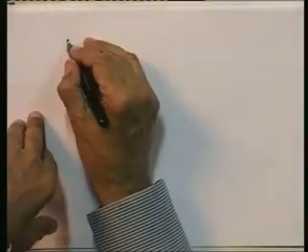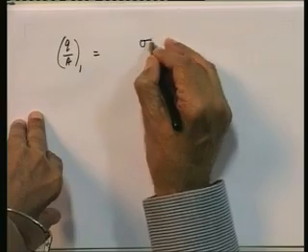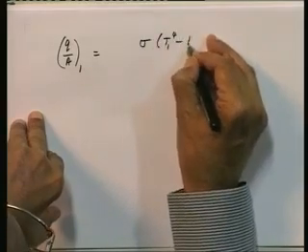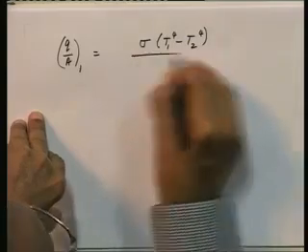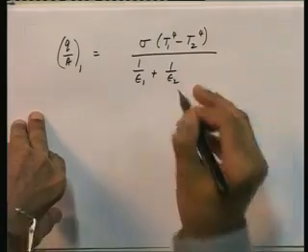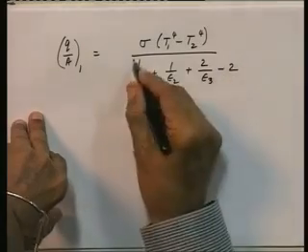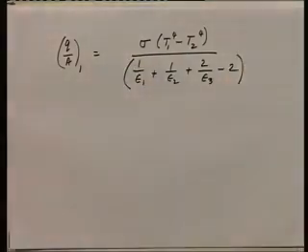Or finally, if you want an expression for q by a 1, q by a 1 is equal to sigma into T 1 to the power of 4 minus T 2 to the power of 4 divided by 1 by epsilon 1 plus 1 by epsilon 2 plus 2 by epsilon 3 minus 2. That is the final expression for the heat flux, the rate at which heat is supplied at the surface 1, or this is also equal to minus q by a 2.